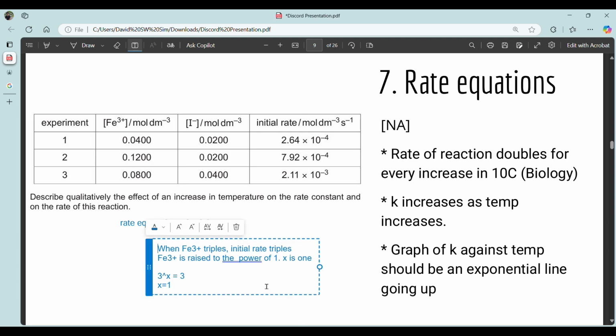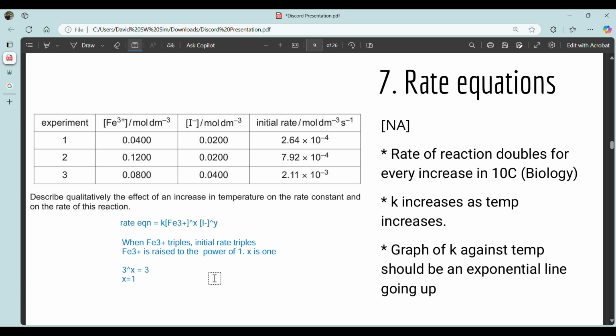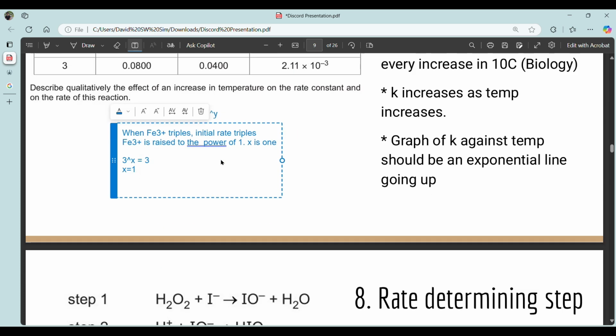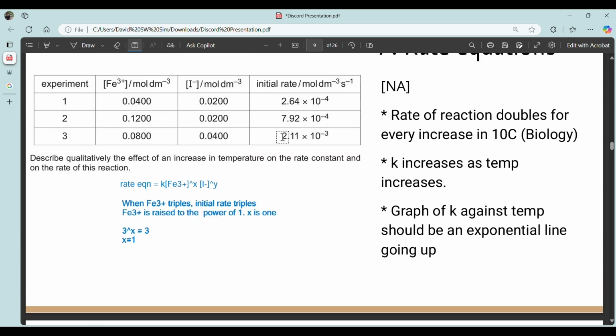Okay, for now I have already calculated the power of x. We know Fe3+ is raised to the power of x and iodide is raised to the power of y. We haven't calculated y yet, so now let's go and calculate y. Now you might be thinking, we have a problem.